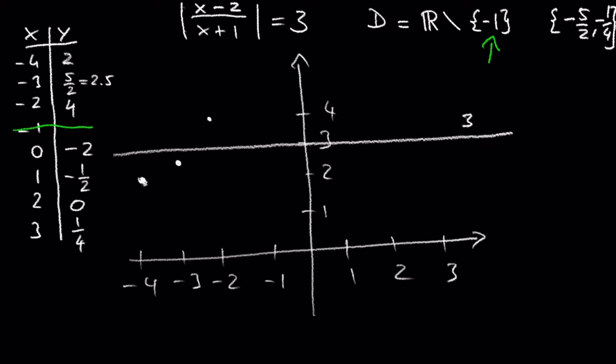The absolute value is here. So, here, here, and here. So it's not negative 2. It's positive 2. It's here. 1 is 1/2. 2 is 0. And 3 is 1/4.